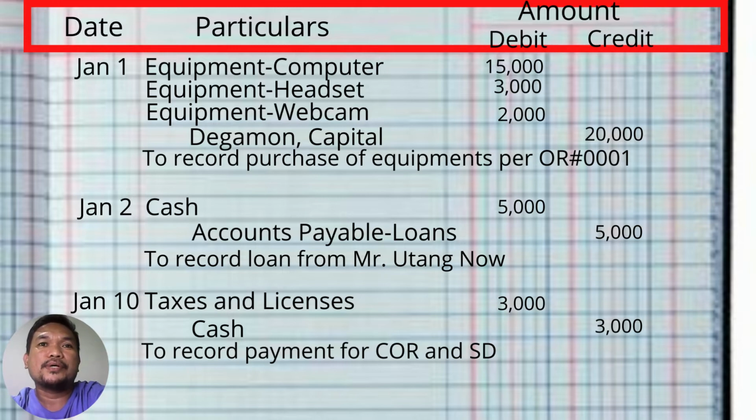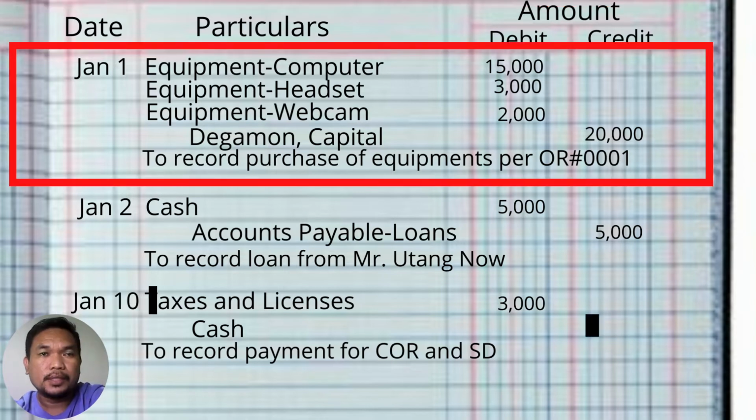And then also, in the next column, yung pinakamalaking column, there is particulars. Some will use description, that's also good, but in accounting, we actually use particulars. And then yung dalawang column, that's for the amount. Of course, meron tayong debit, and then we also have credit. So, that's for the heading of the journal.